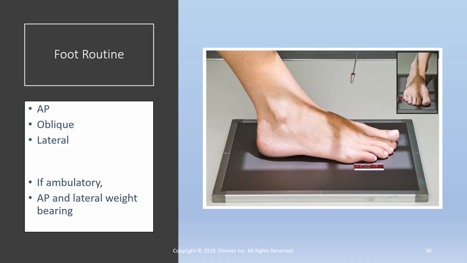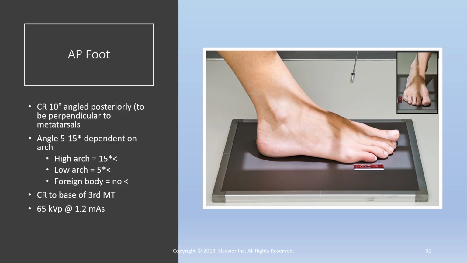A lot of times, if the patient is ambulatory, they will do the AP and lateral weight bearing. We'll look at that a little bit later, but what that means is you would take the image while the patient is standing to show how the foot looks and behaves under pressure, and the pressure would be the patient's own body weight.